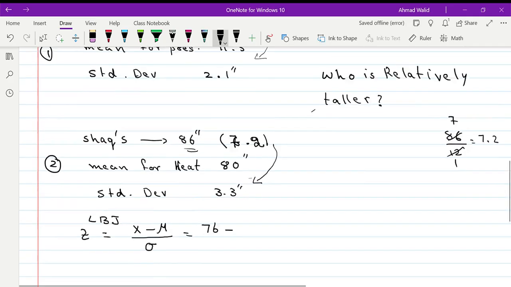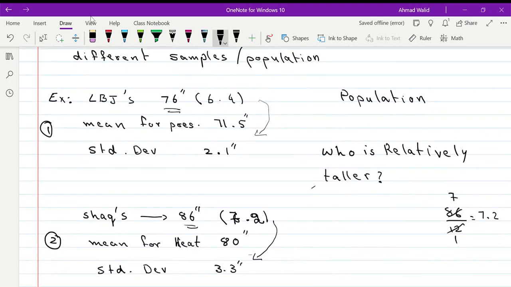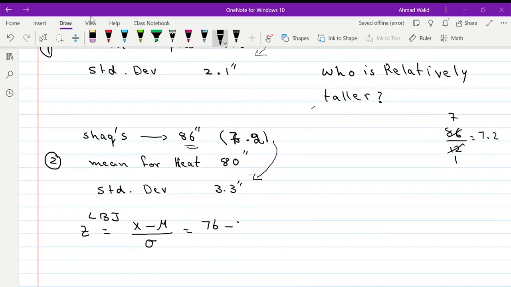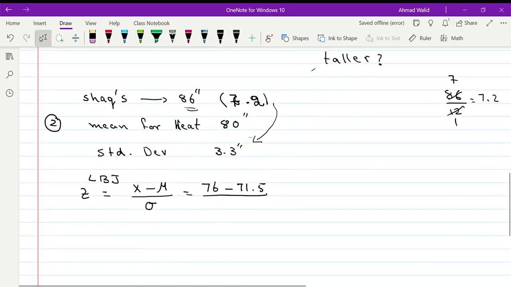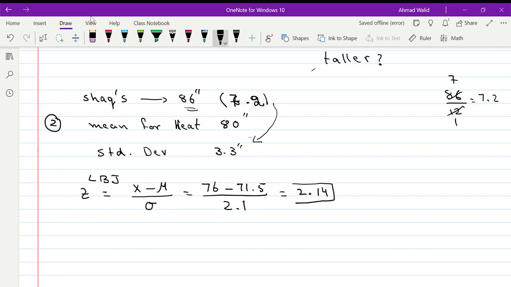Minus the mean for the presidents, which is 71.5 inches, divided by their standard deviation, 2.1. If we calculate this, we end up with 2.14. That will be the z-score for President LBJ.